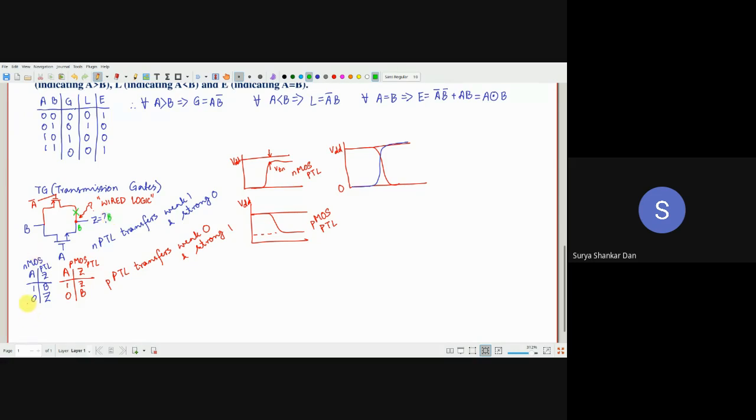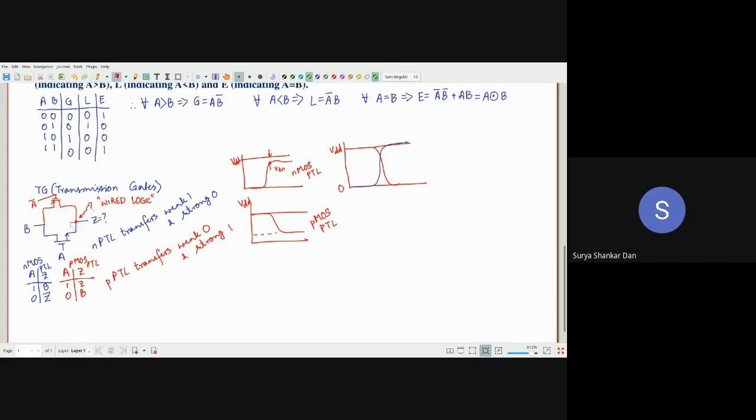When reverse is true, when A is 0, then what is going to happen? ये NMOS cut off में चला जाएगा. इसको ऑफ कर देते हैं. यहाँ पर कौन सा लॉजिक आएगा? देखो, this PTL will pass a B. ठीक है? And then you are essentially going to have a logic B again.